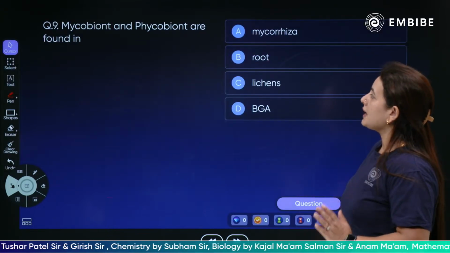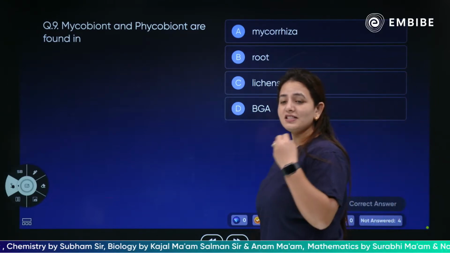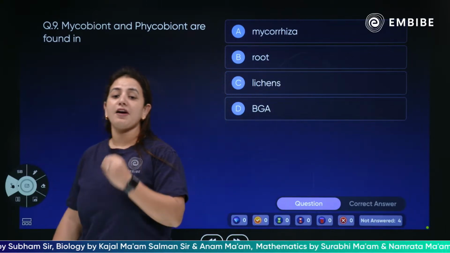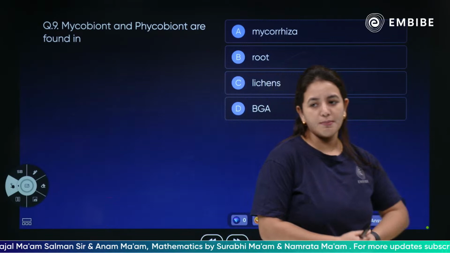Next, mycobiont and phycobiont are found in this. This is so easy, children. Mycobiont and phycobiont having this symbiotic relationship, if you remember.